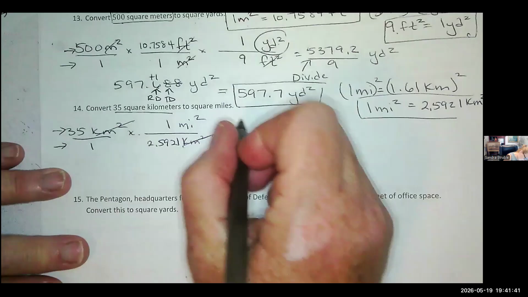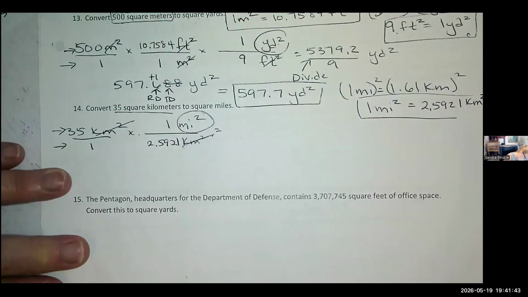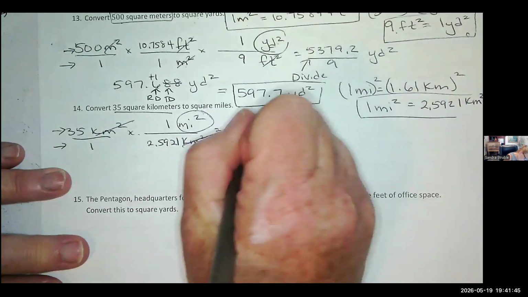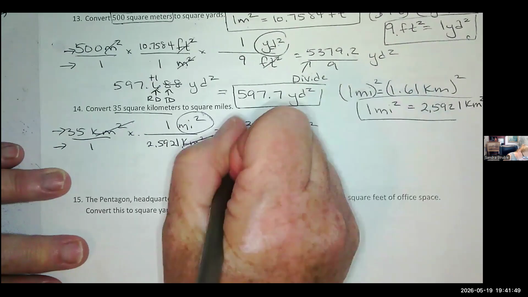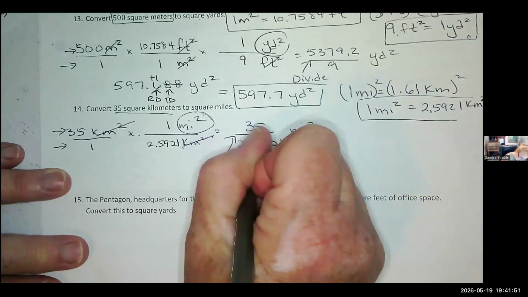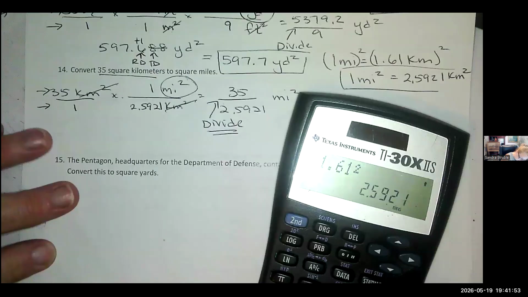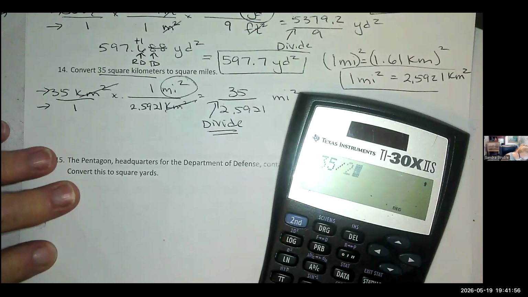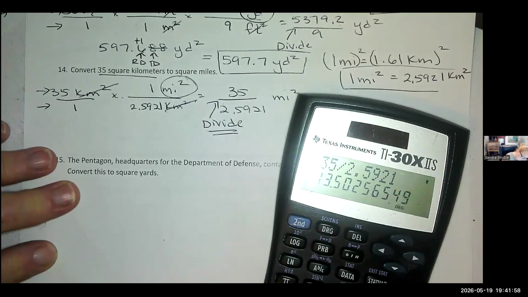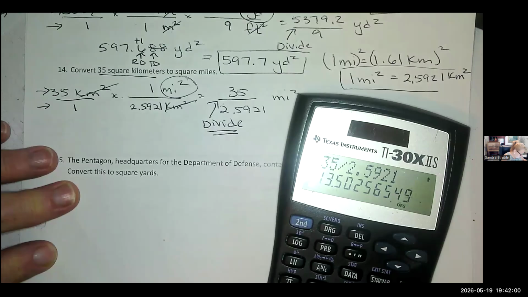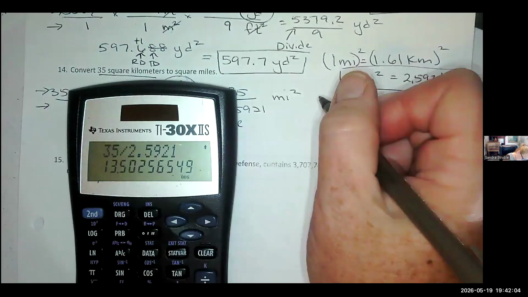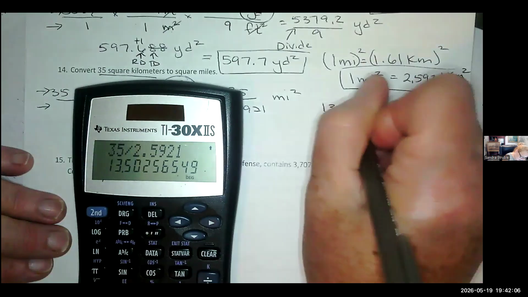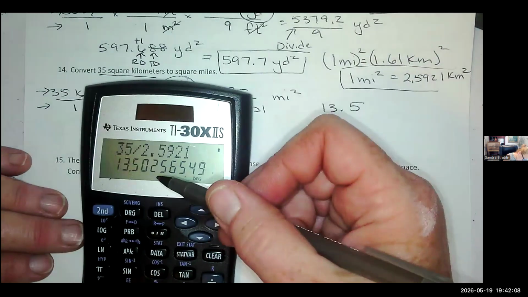That's 35 times 1 is 35 over 2.5921. Here is where we divide. 35 divided by 2.5921 is 13.502. I'm just going to go with that and say it's 13.5 miles squared.